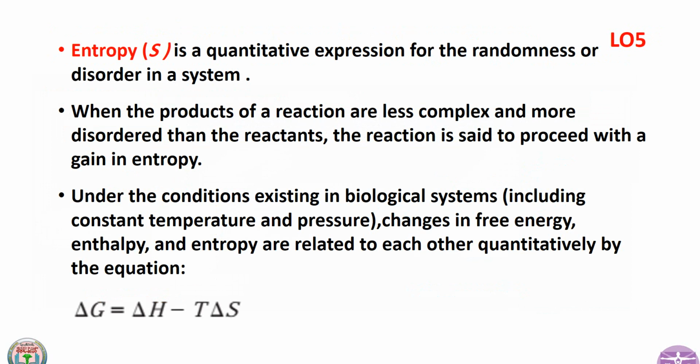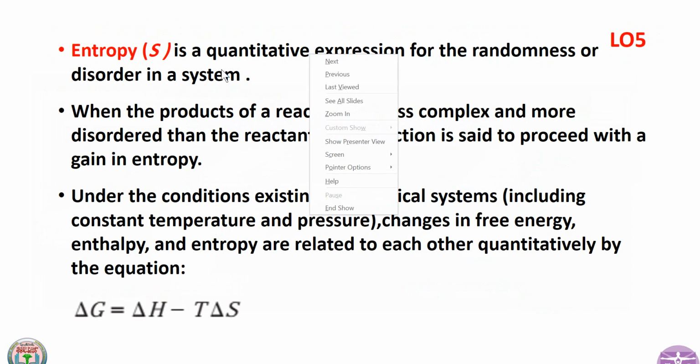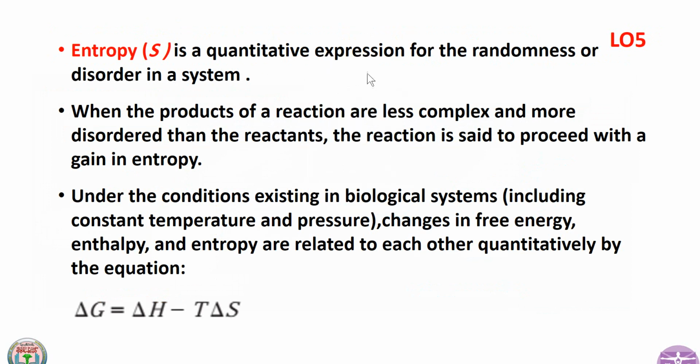The other concept we should know in bioenergetics is entropy. Entropy is the quantitative expression of the randomness or disorder in the system. When the products of the reaction are less complex and more disordered than the reactants, the reaction is said to proceed with a gain in entropy.